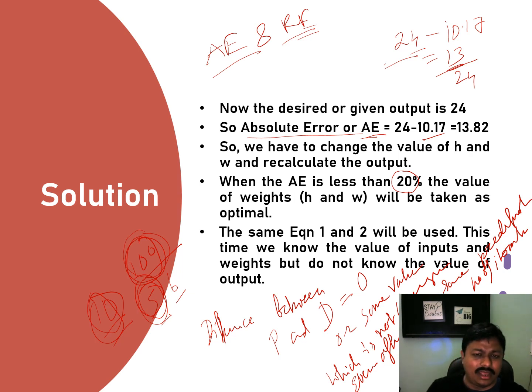And in case of every iteration, you have to change the value of weights in the same manner for each layer. Okay, so this is the thing. Sometimes we do like this: all the weights are equal to 0.5, and if we change the weight value from 0.5 to 0.6, then all the weights will be changed to 0.6.